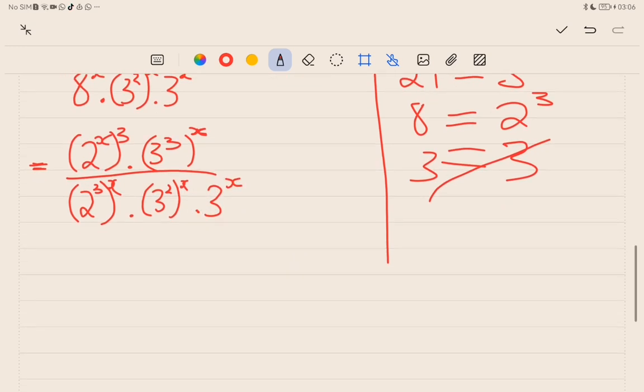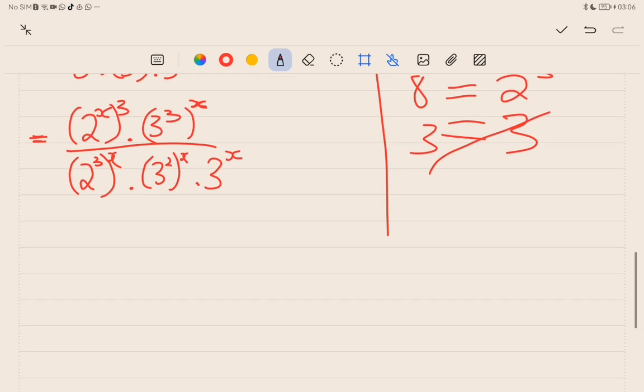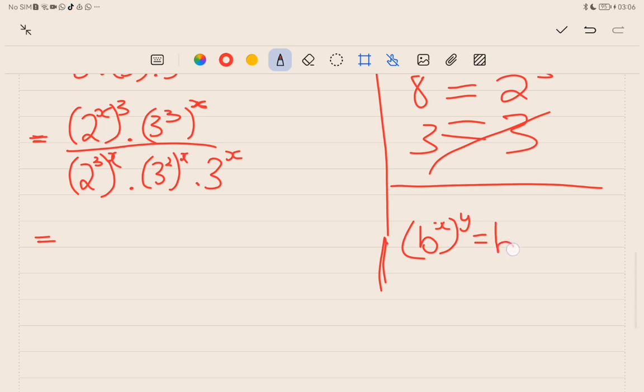So now we move to the next step. So the next step is to apply this law of exponent, which is like this, which we represent this way. Meaning that all these 3 are the same.